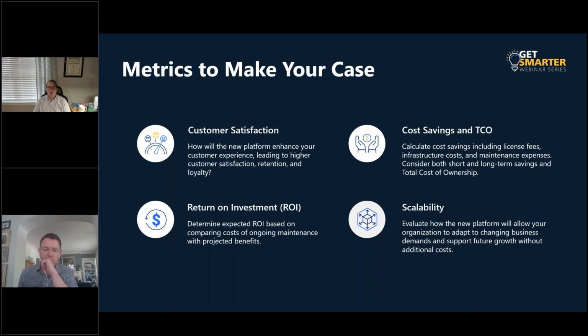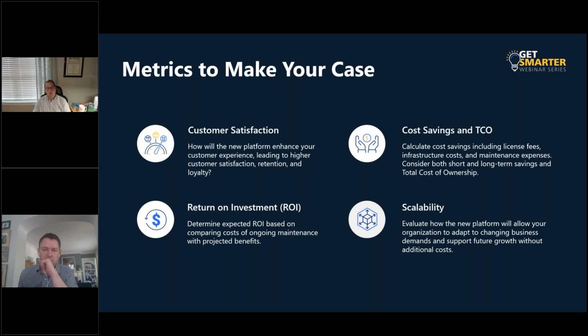You'll also hope to improve on cost savings, as we mentioned before. Some of the items that you'll save on include license fees, infrastructure costs, and maintenance. You'll want to look at both short-term and long-term savings to evaluate your total cost of ownership.